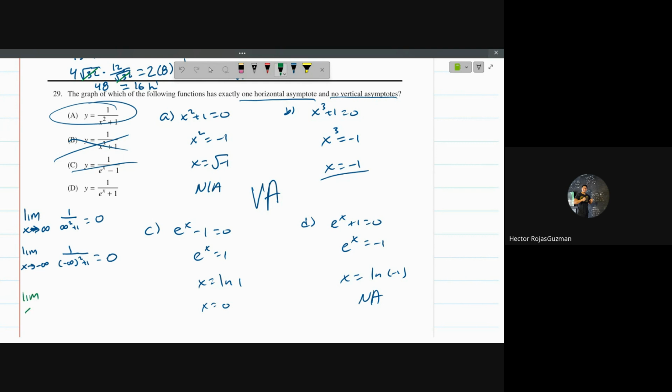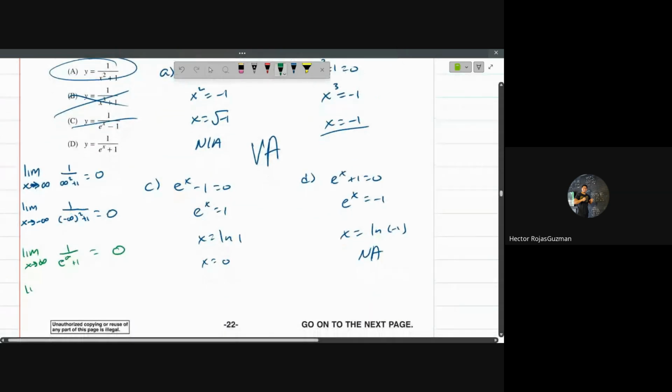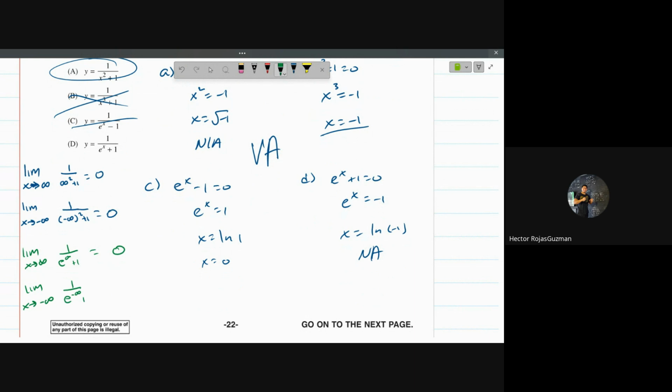The limit as x approaches infinity of 1 over e to the infinity plus 1. Well, that number is so big that it's basically 0. But if you plug in negative infinity, you now have e to the power of negative infinity plus 1. Actually, you know what? That plus 1 is so small, it makes no difference.